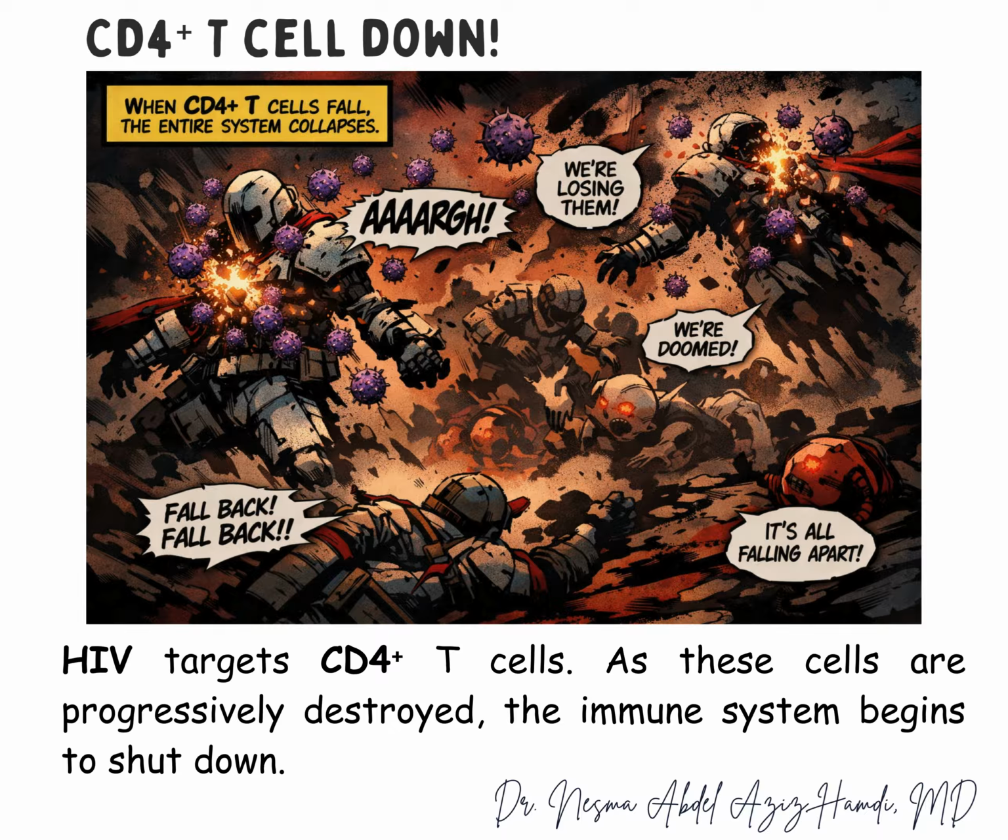Human immunodeficiency virus, or HIV, strikes at the very heart of cell-mediated immunity by specifically targeting CD4 T cells, including T helper 1 cells, the master coordinators of this response. As these cells are progressively destroyed, the immune system begins to shut down. Without T helper 1 cells, macrophages are no longer effectively activated, CD8 cytotoxic T cells lose critical support, and coordinated cellular defense collapses into chaos.